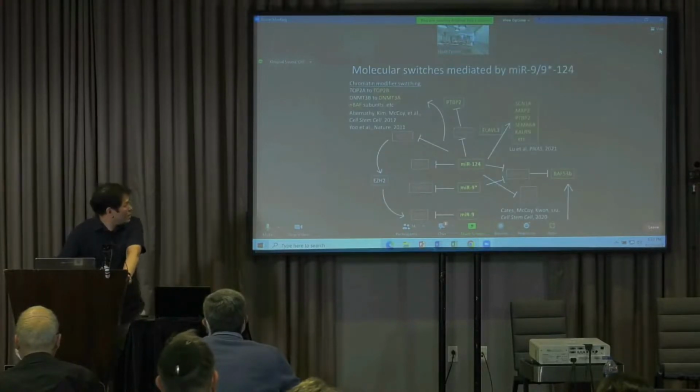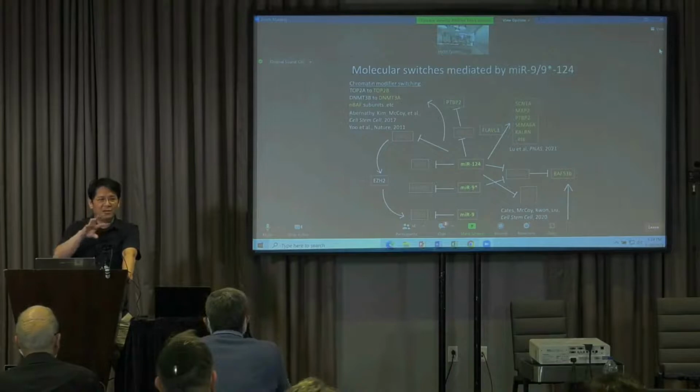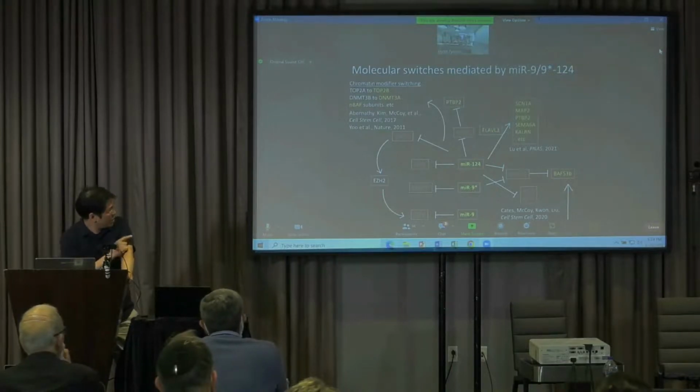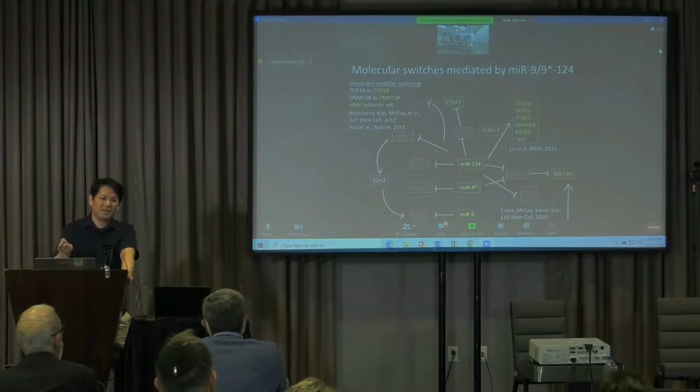Sorry, it's a bit of a busy slide, but the reason why we focus on these microRNAs is they have some properties that are very unique. If we look at target genes of these microRNAs, all these genes that are labeled in red share one thing in common, although they do many different things, which is that these are genes expressed basically everywhere, but selectively absent in neurons.